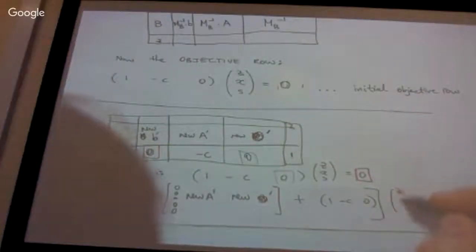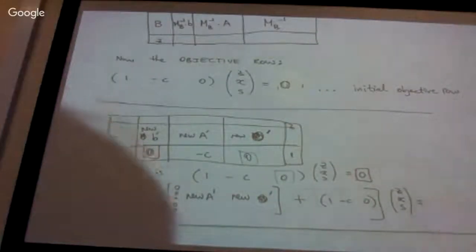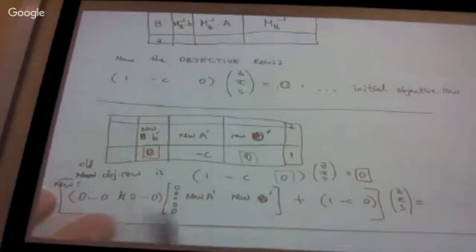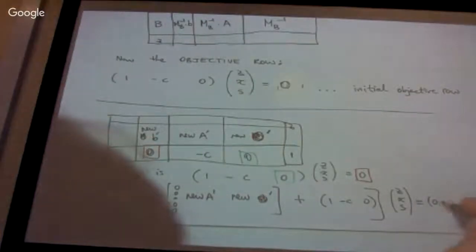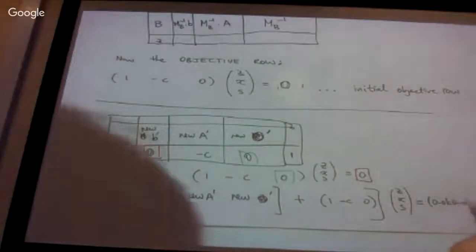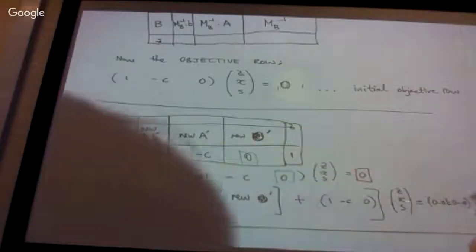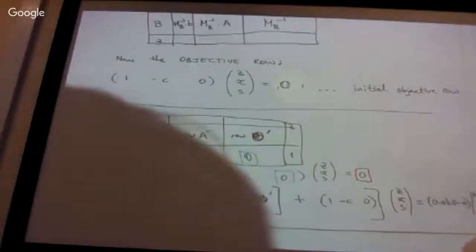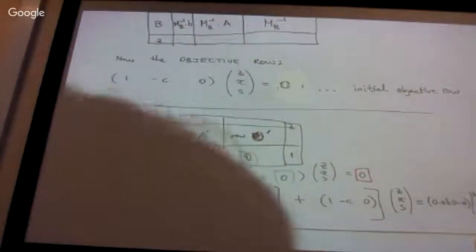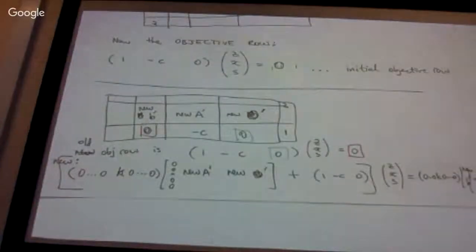This whole thing times (z, x, s) equals, and I do the same on the right hand side. So I do lots of zeros, k, lots of zeros, times new b dash plus 0. Okay, this is a mess.